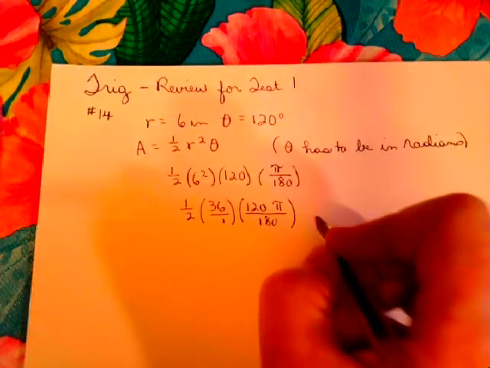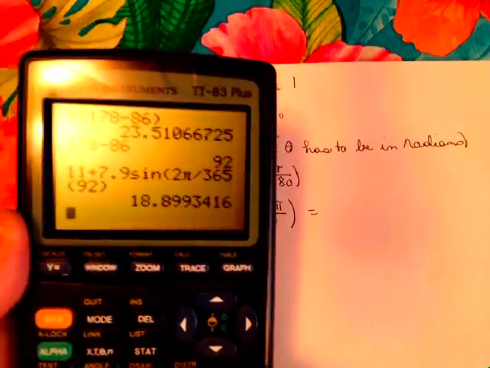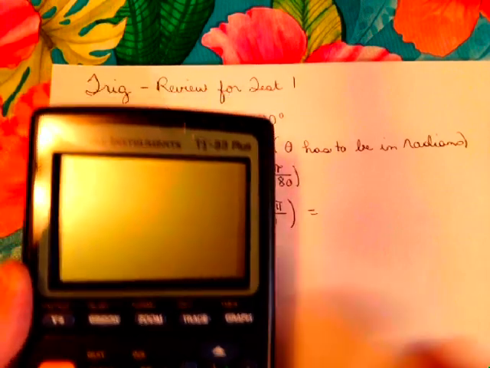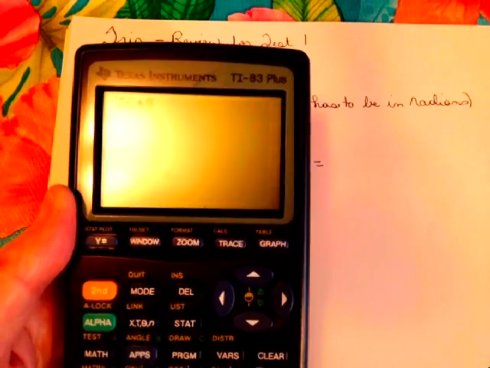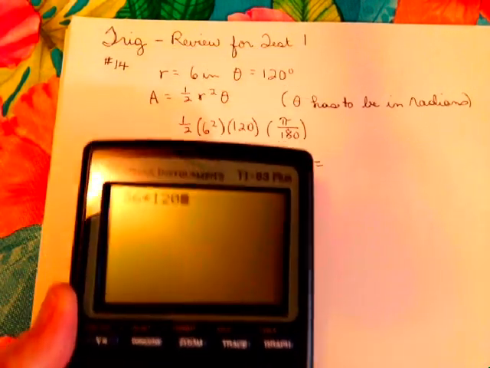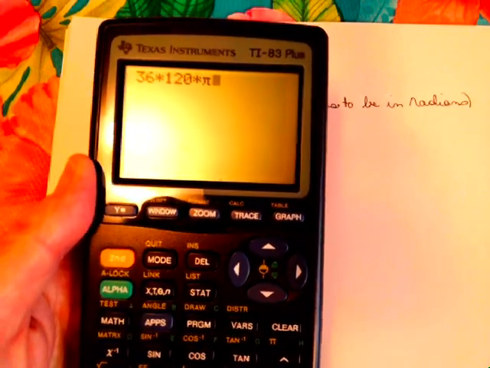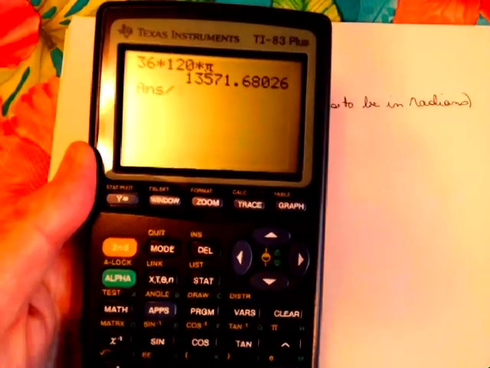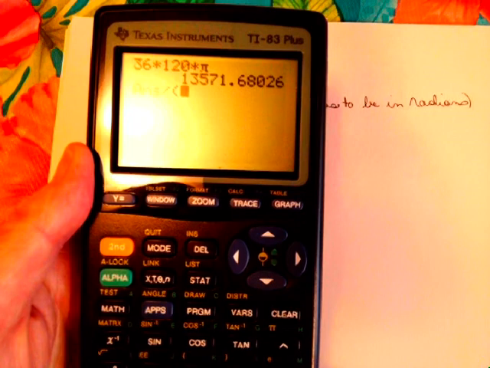You can multiply straight across with your calculator. I have 36 times 120 times pi divided by 2 times 180, so I'm going to put that in parentheses.